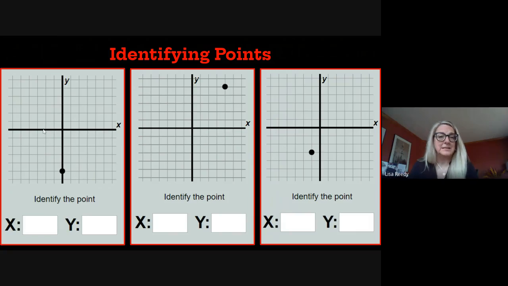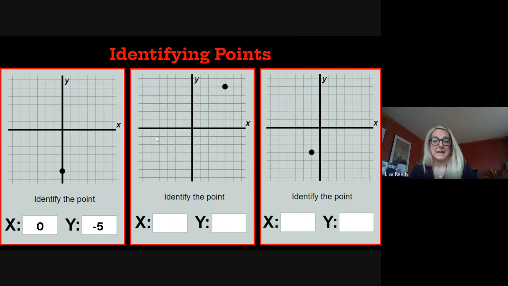And when you're looking at this one, it does not go anywhere right or left because it's right on that axis. So my x is going to be 0. It didn't go anywhere right or left. Now the up and down, the y-axis, it goes down, which means you know it's going to be negative. And when you count it, 1, 2, 3, 4, 5, down 5, so it's -5. So that ordered pair is 0, nowhere right or left, and -5 down.